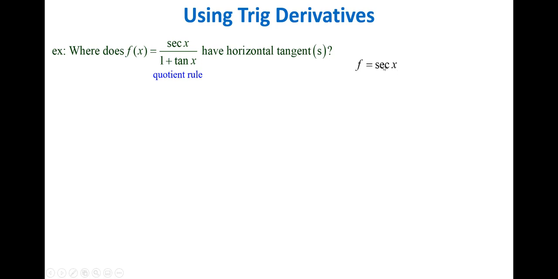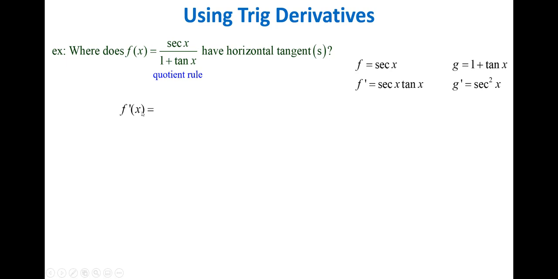F is equal to secant of x, g is equal to 1 plus tangent of x, and get the corresponding derivatives. F prime is equal to secant of x times tangent of x. G prime, this is going to zero out. Therefore, g prime is secant squared of x.